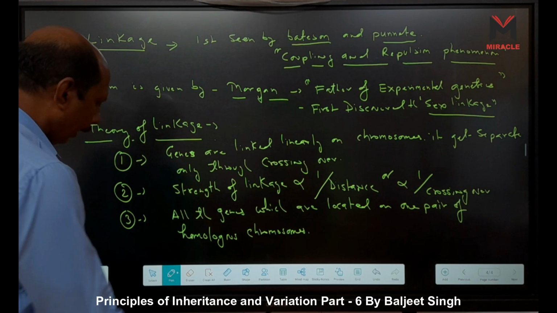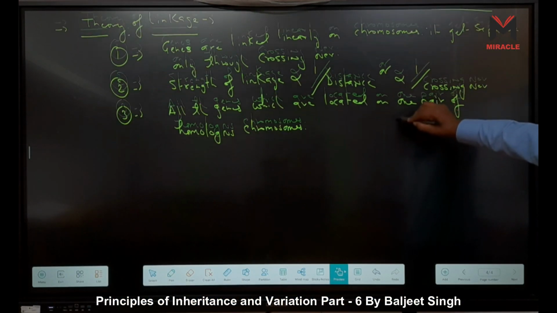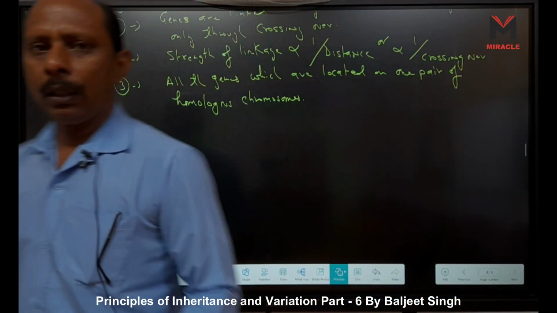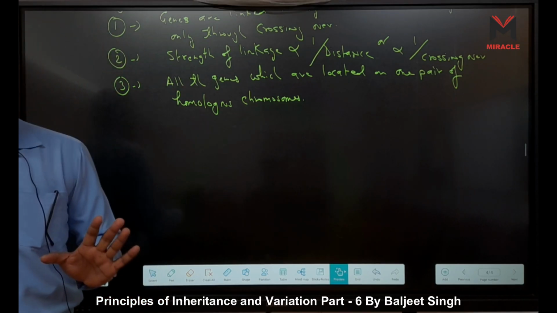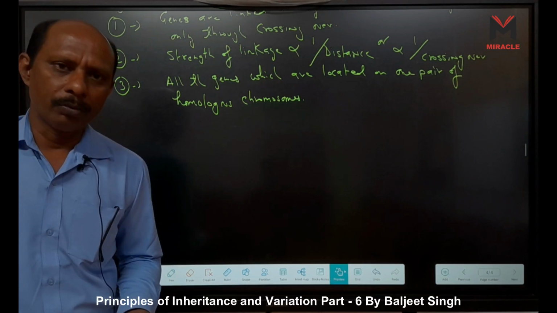As for example, in humans there are 46 chromosomes. That means the number of linkage groups is 23.